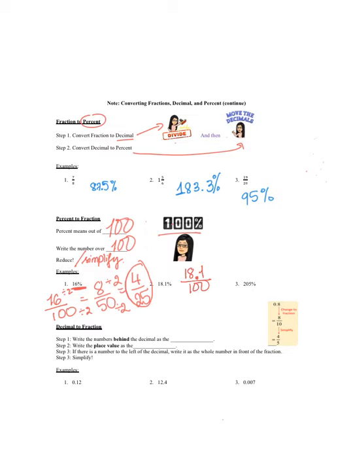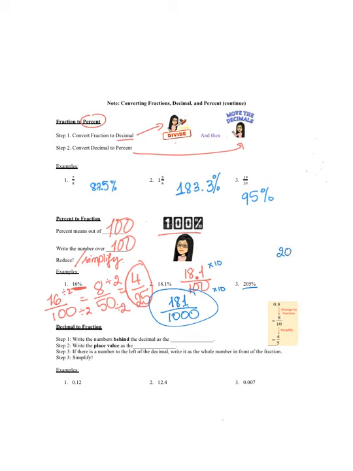So what I will do is I'm gonna multiply the top and the bottom by 10, so I can get rid of the decimal. So 18.1 times 10, I have 181 over 100 times 10 means 1000 will be my final answer for my fraction. 18.1% means 181 out of 1000. Kind of hard, right?